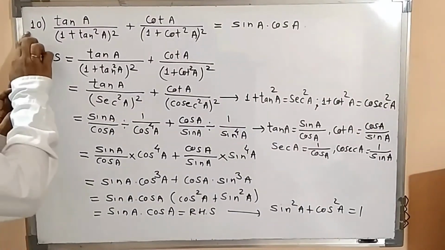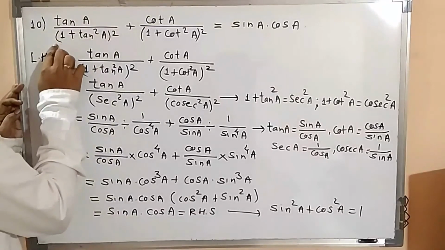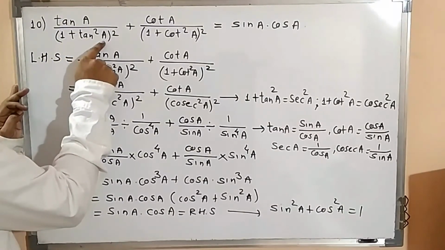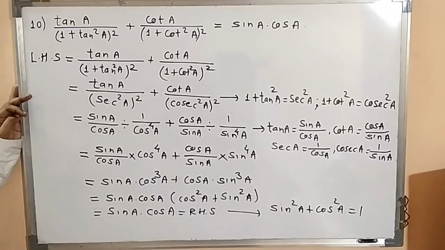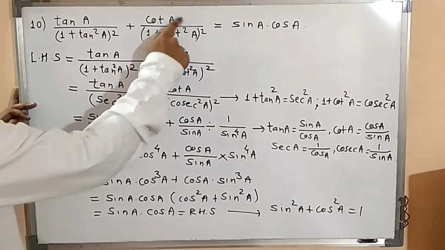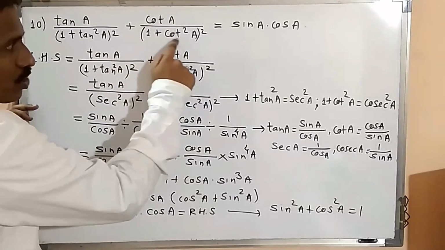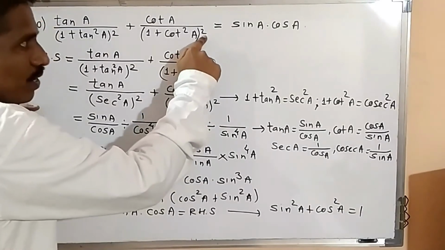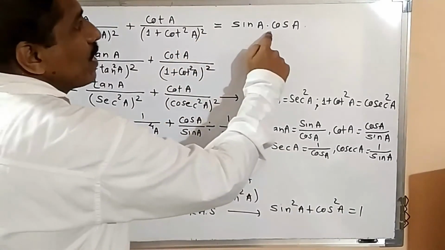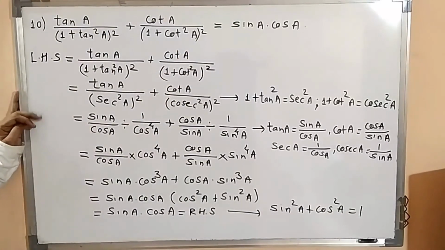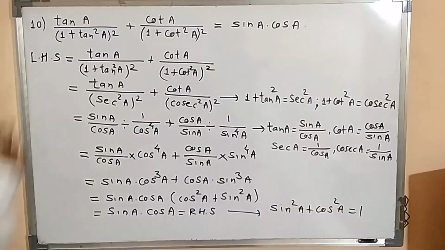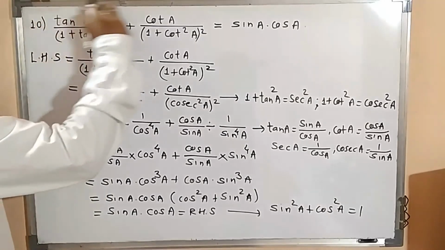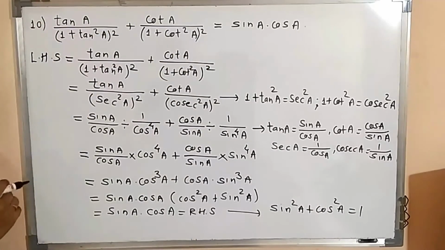Sub question number 10. Prove that (tan A upon 1 plus tan square A) whole square plus (cot A upon 1 plus cot square A) whole square is equal to sin A into cos A. Therefore, for the left hand side, copy the left hand side as it is.